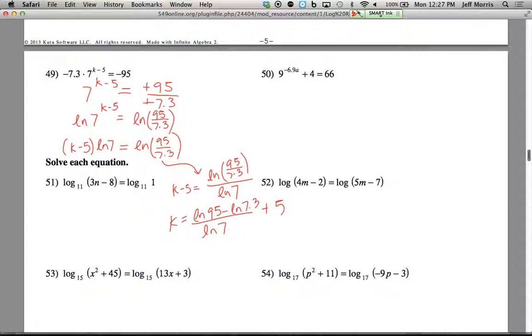You're going to get the same answer you would have gotten if you would have taken this right here and done it with log base 7. Log base 7, the answer looked like this. I'll tell you. It's k equals log base 7 of 95 divided by 7.3 plus 5. Is that what you got, Natalie?